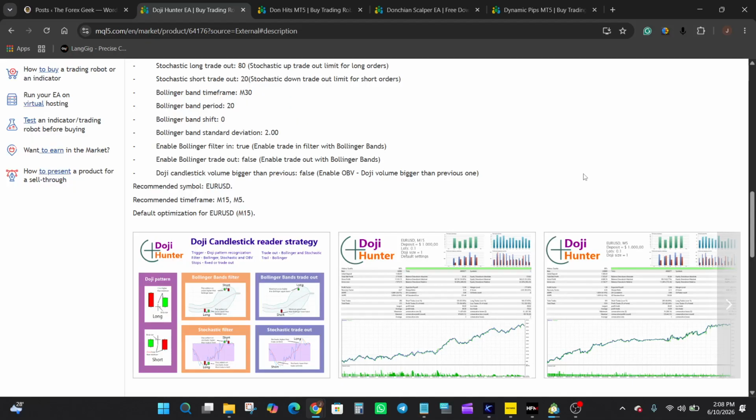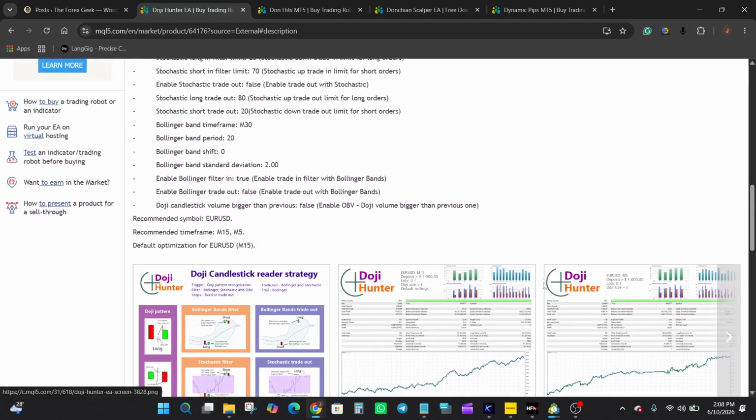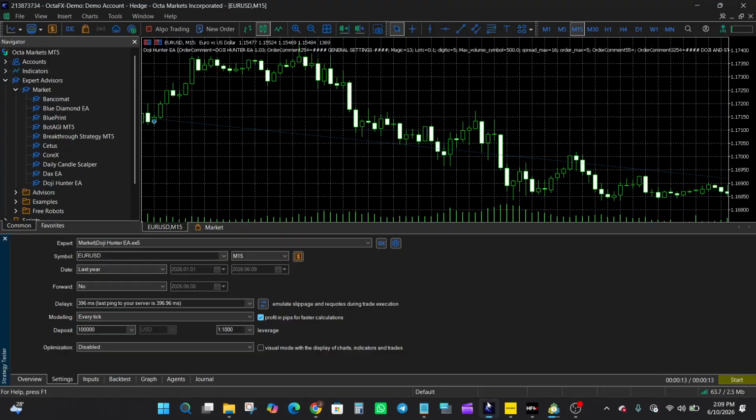Okay, let's just quickly head over to our strategy tester to see how this EA performed over the past 5 months using recent market activity in 2026. So we are testing the Doji Hunter EA on Euro USD on the M15 time frame as recommended, and for the delays, we are using the last ping to the server with every tick modeling.